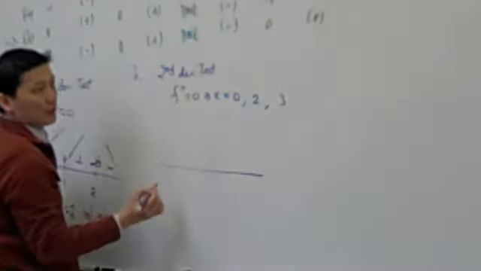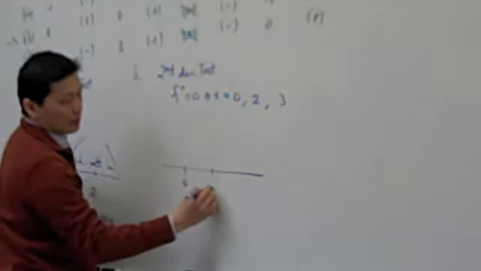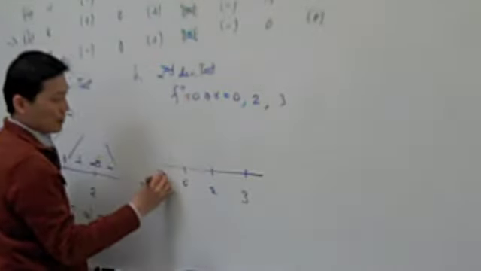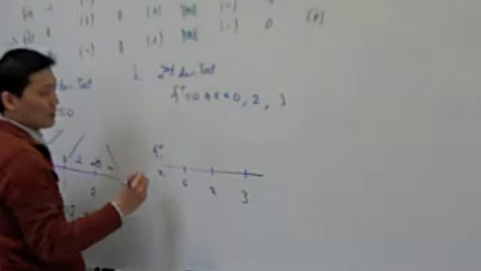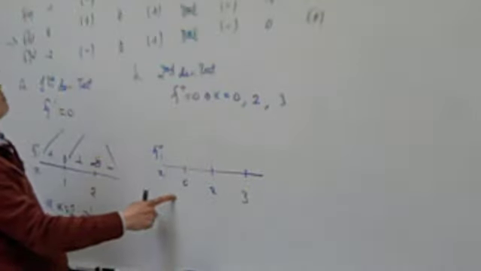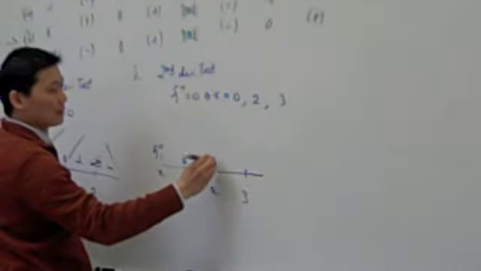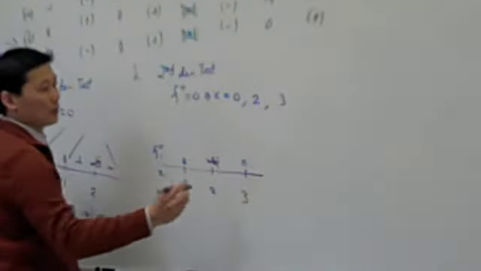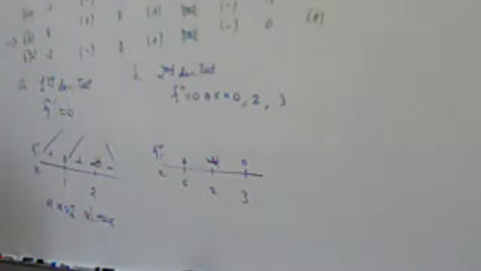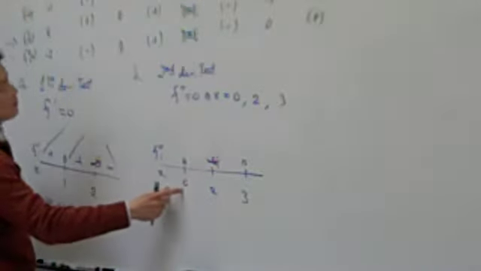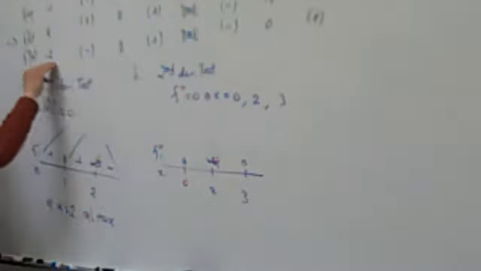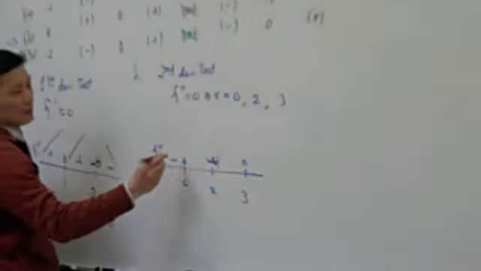So if I sketch this out, I get 0, 2, and 3. This is x, and this is the double derivative. At x equal to 0, we got 0. At x equal to 2, we got undefined. And at x equal to 3, we got 0. Let's take a look at the sections. Less than 0, we got a negative double derivative, so concave down.